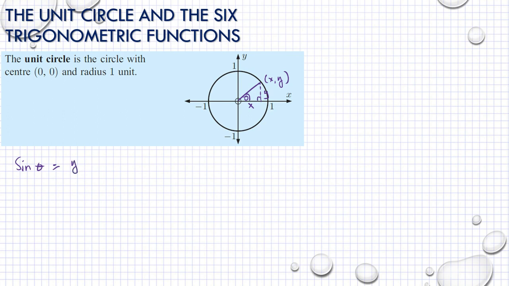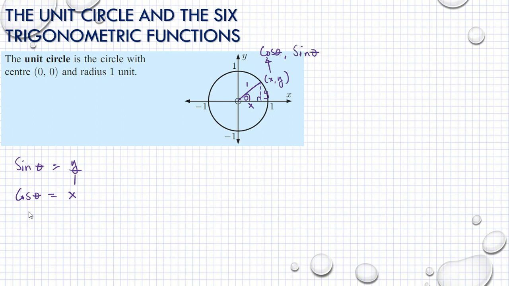So we have y divided by 1 because our radius, or the hypotenuse, is 1. And we have cosine theta, that is x. So our x coordinate here now is cosine theta, and our y coordinate is sine theta.